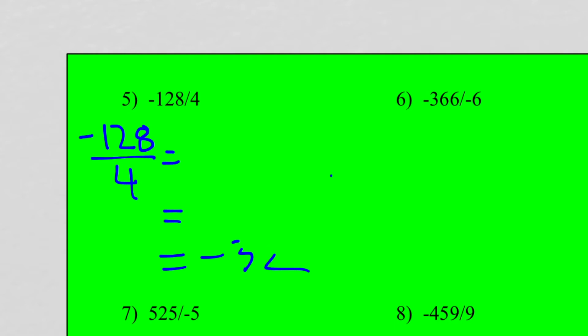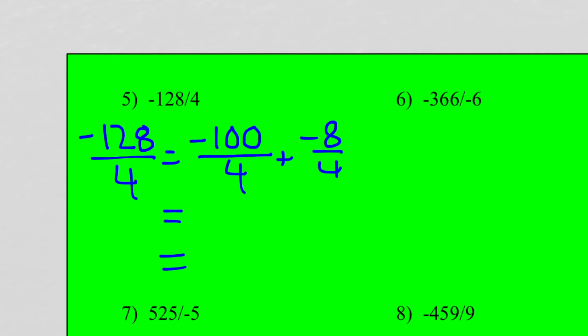You could also do negative 100 divided by 4 plus negative 28 divided by 4, because these have to add to negative 128.